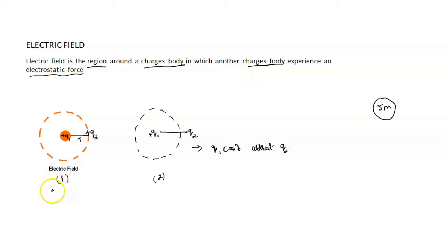For example, consider an electric charge plus Q which is located at a point O in space as shown.